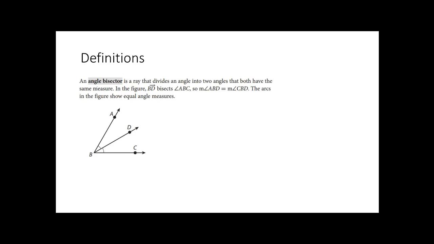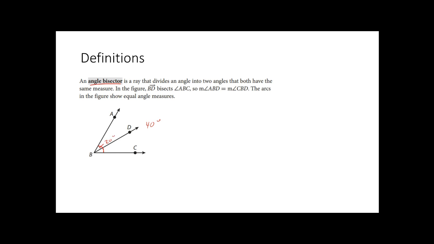All right, definitions. Angle bisector. Basically, an angle bisector just means this. Bi means 2, right? So it's a ray that divides an angle into 2 angles that both have the same measurement. If this whole part originally was 40 degrees and this angle bisector came in, it would break it perfectly in half.